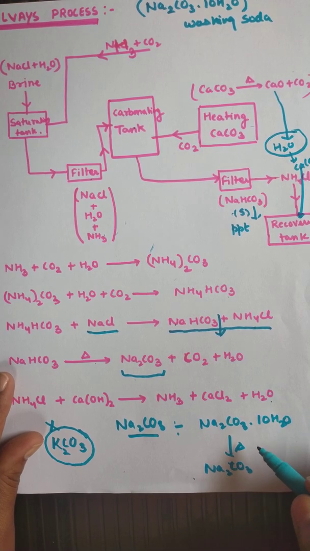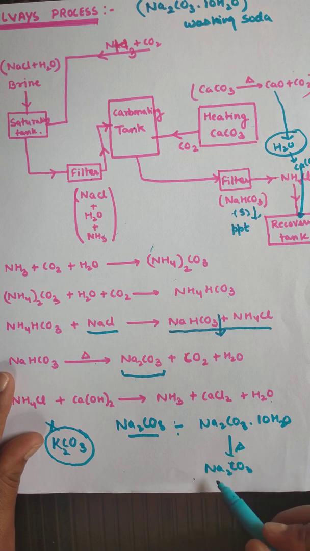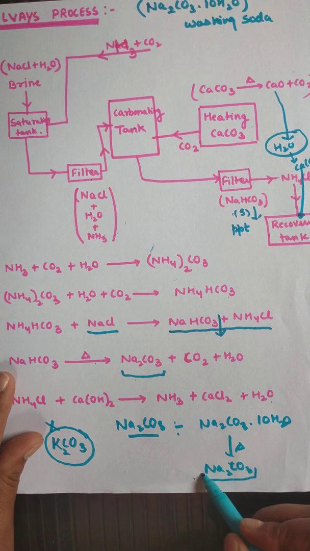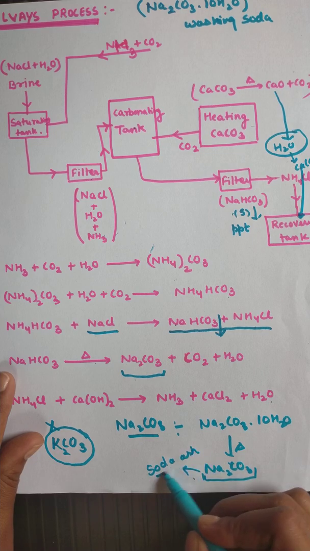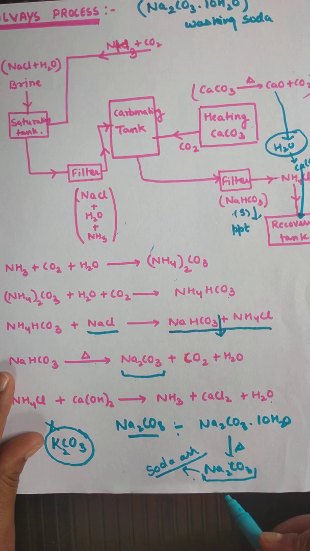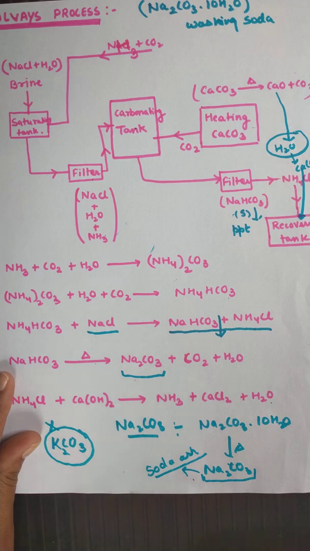First of all it will form sodium carbonate monohydrate, and if we heat it continuously above 373 Kelvin temperature, then it gets converted into a white powdery substance which is called anhydrous sodium carbonate. This white powder is also called soda ash.